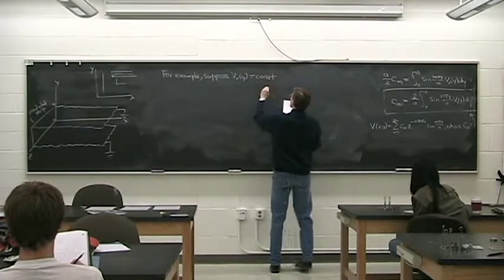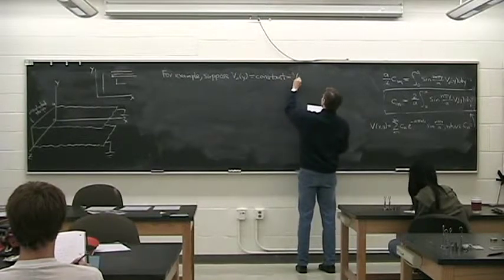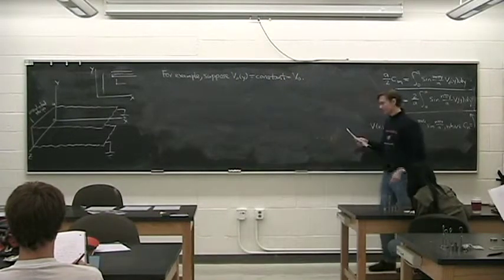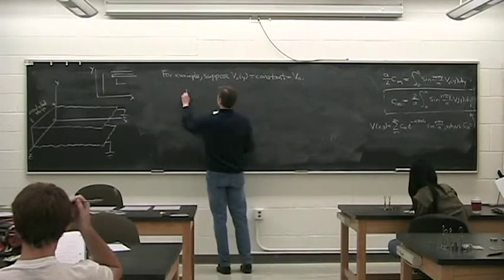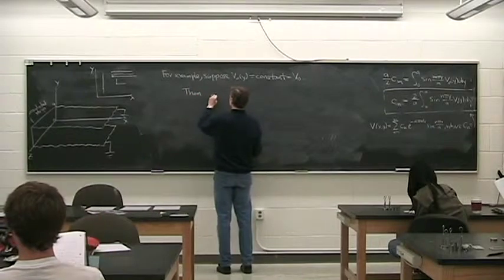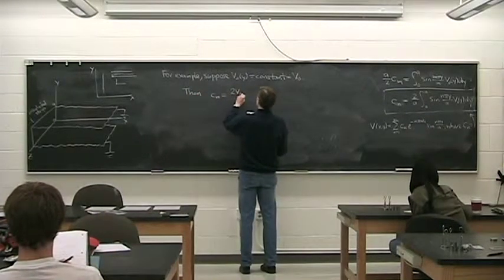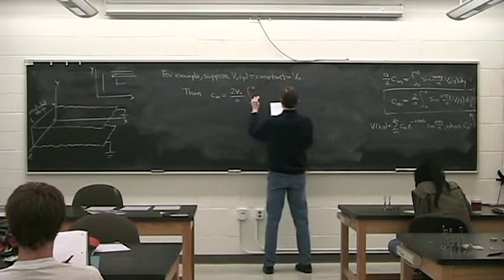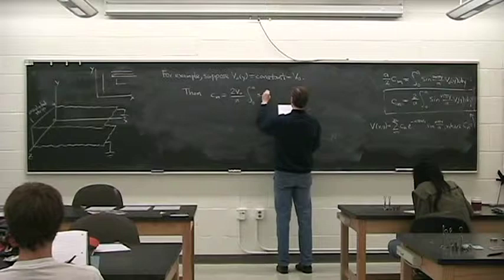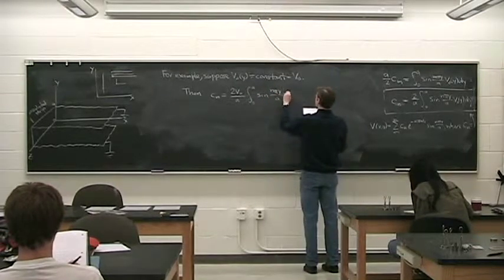For example, suppose v naught of y equals a constant, v naught. Suppose that's what we're trying to satisfy there. Then in that case, C sub n would be equal to 2 v naught over a times the integral from 0 to a of sine n pi y over a dy.